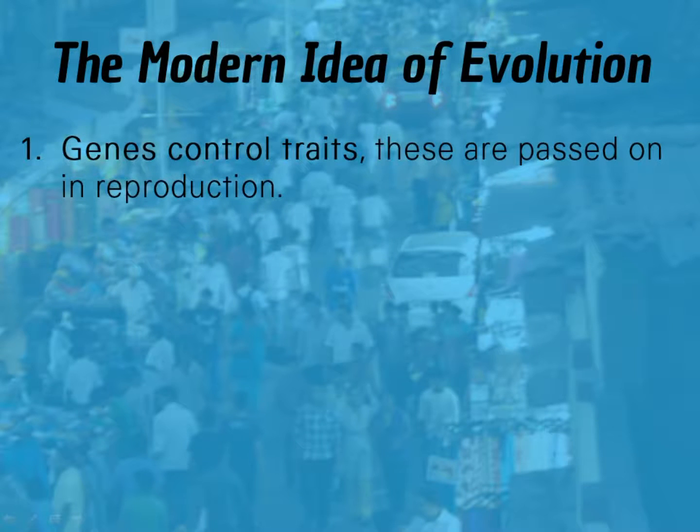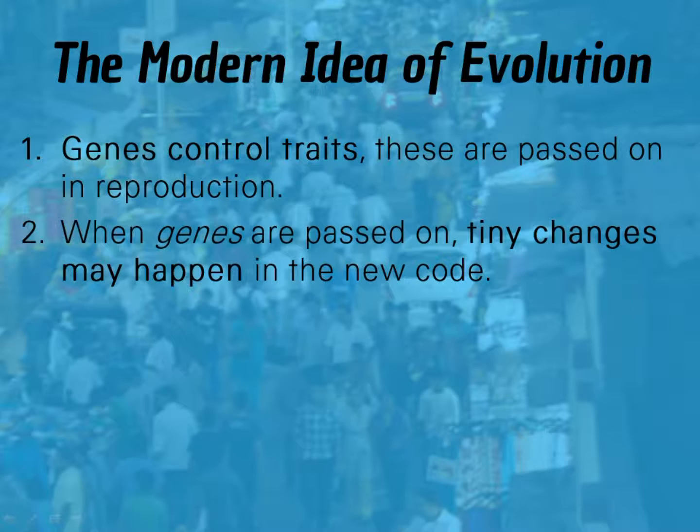So the modern ideas of evolution, in summary, are that genes control traits and are passed on in reproduction. And this is something of a Mendelian idea, and as we said, Mendel and Darwin were contemporaries. They lived at the same time, but unfortunately they were never allowed to discuss their ideas and compare them.